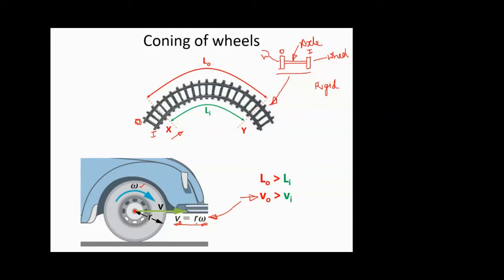That depends on two components, the radius and the angular velocity. Now, the angular velocity is the same for both the wheels. The reason is, as I told you, our system is rigid. Both the wheels are fixed to the same axle. It has a common axle.